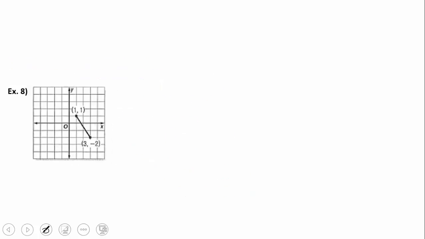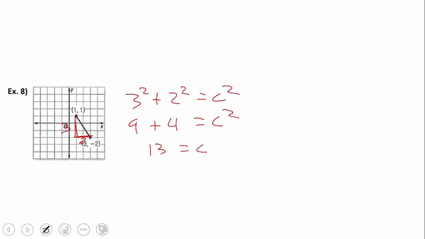Okay, moving right along. Example 8. Drawing another right triangle right here this time. And I count this side, 1, 2, 3, over here on the vertical, and 2 on the horizontal. 3 squared plus 2 squared equals c squared. 9 plus 4 equals c squared. 13 equals c squared.